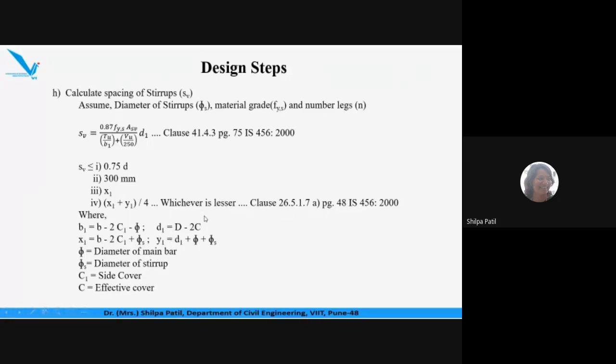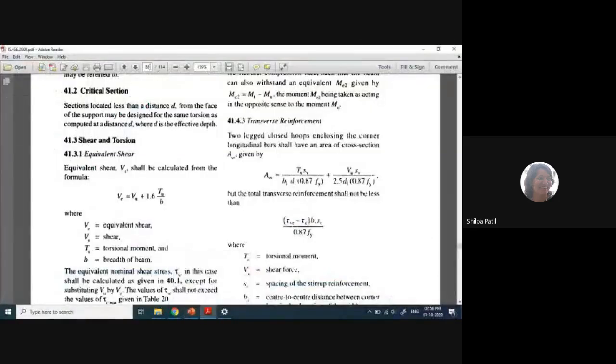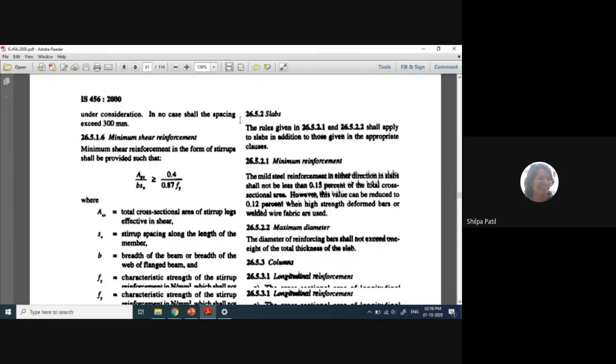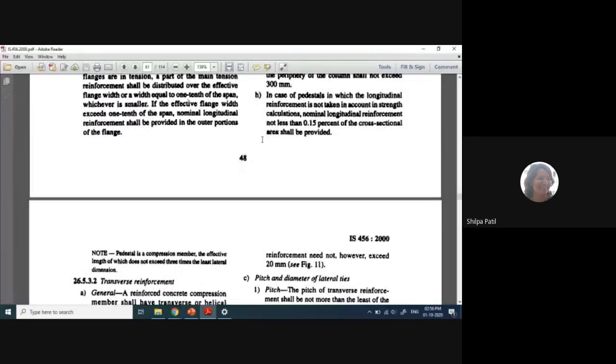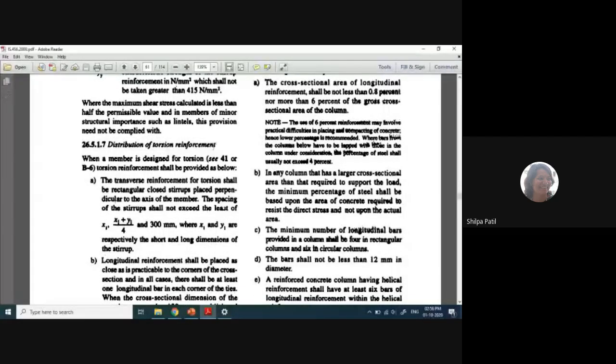Now this clause is also given in IS 456, on page number 48, clause 26.5.1.7. So let me move to that clause. See here, page number 48, and it is given here, distribution of torsion reinforcement, clause 26.5.1.7.